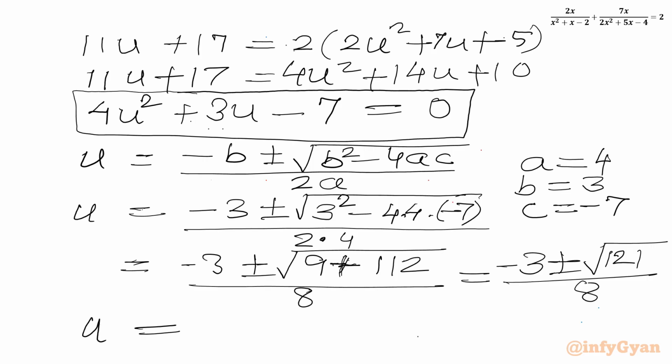So u will be equal to minus 3 plus minus square root 121, which is 11, over 8. U will be equal to minus 3 plus 11 over 8, minus 3 minus 11 over 8.